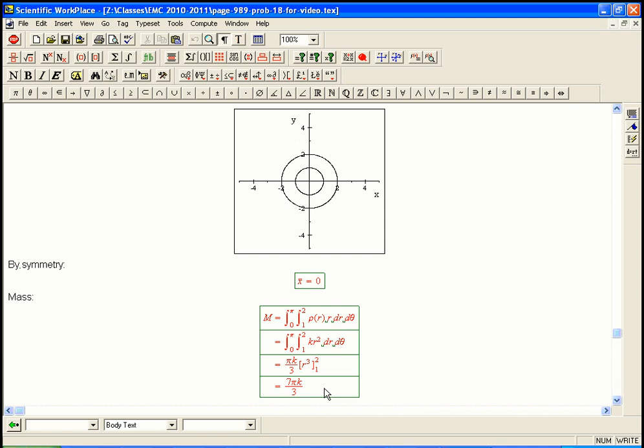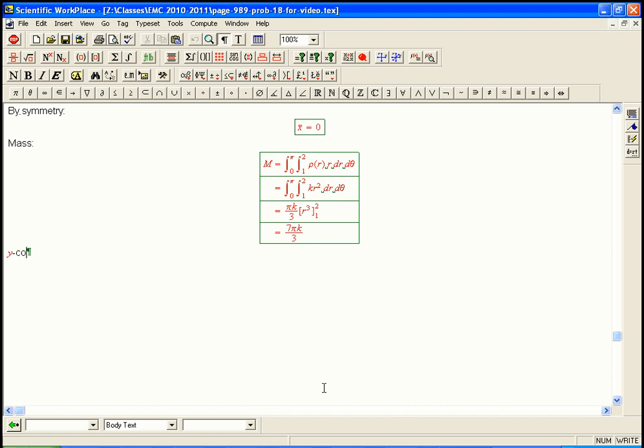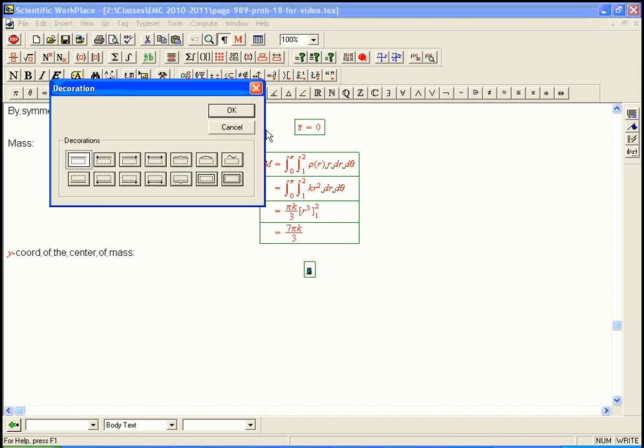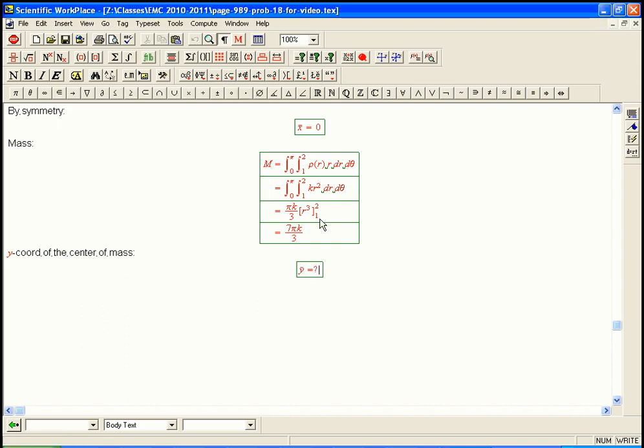Okay, so the y coordinate of the center of mass, y bar, that's going to be 1 over m, and we just calculated that, so that's good, times the integral over the same setup. We don't have to change the setup every time, even though we do different integrals. Of y times rho.